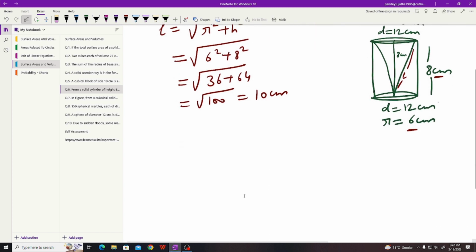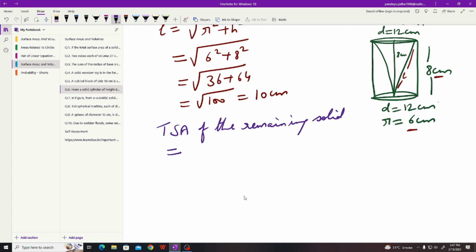So to find the total surface area of the remaining solid, if we observe the outer surface area of the cylinder, we are able to feel and touch the curved surface area of the cylinder.